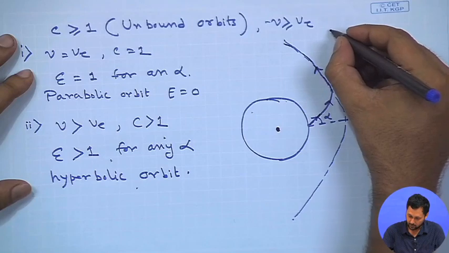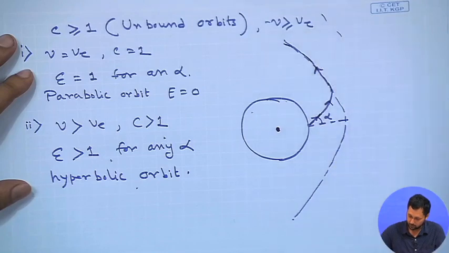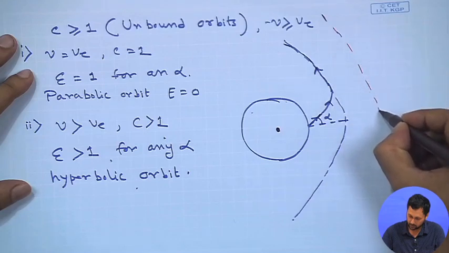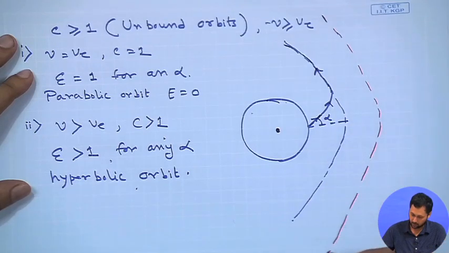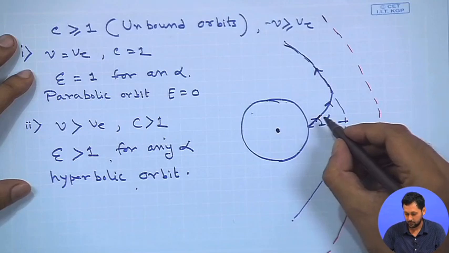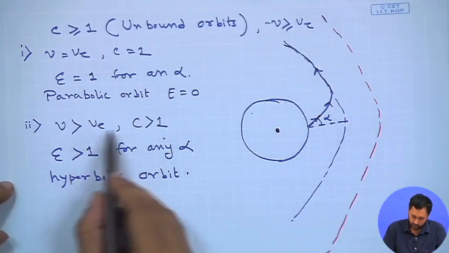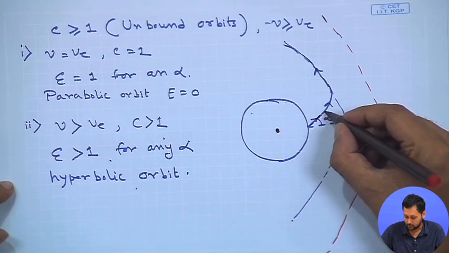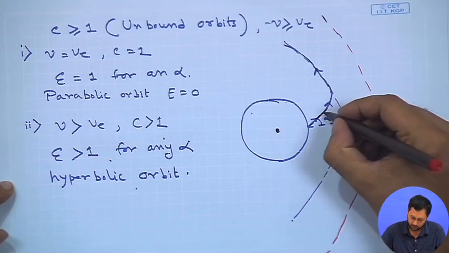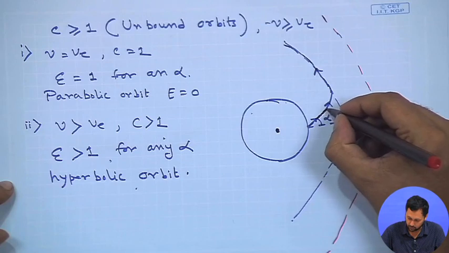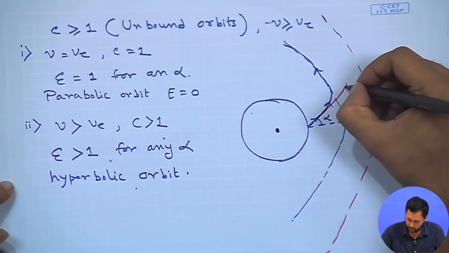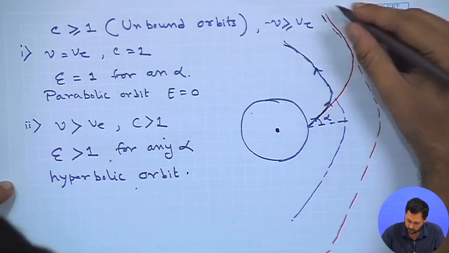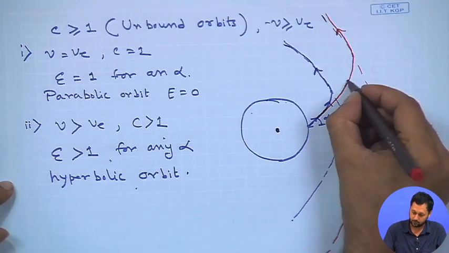Similarly, a hyperbola, I will draw it with red. If we have a velocity which is greater than v e with the same launching angle, then the object after launch will go like this and essentially merge into this hyperbolic orbit and move away from the force center.